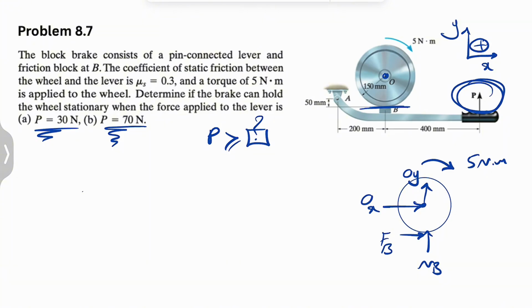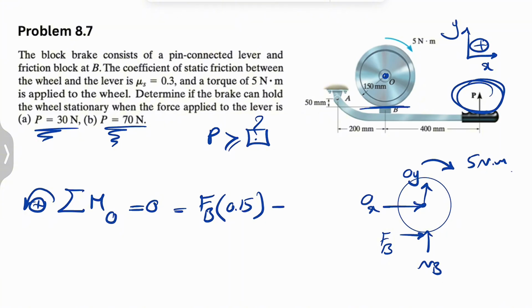We're going to use our equilibrium equations, and if we use our moment equation about point O, we're going to get rid of Ox, Oy, and also NB, so we can find FB. So we set this equal to 0. We have the moment of FB about O, which is positive, so FB times the radius of this wheel, which is 150 millimeters, so 0.15 meters, and we have the 5 Newton meter clockwise moment.